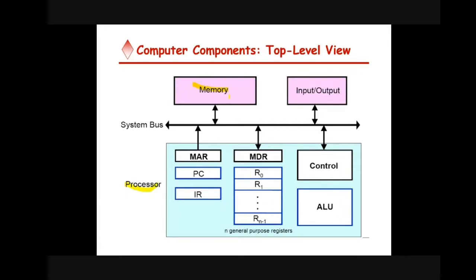But other than that, there is another set of memory already present inside the processor. Mainly we call these registers. Maybe you may hear these words. What are registers? How do they differ from normal memory?